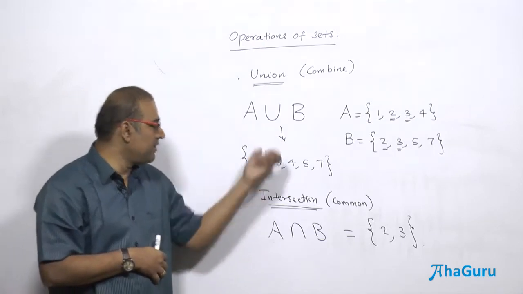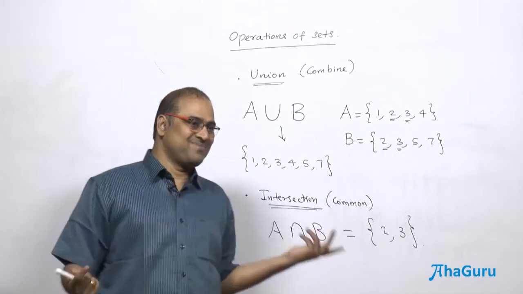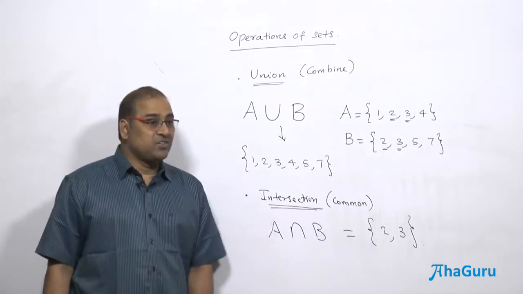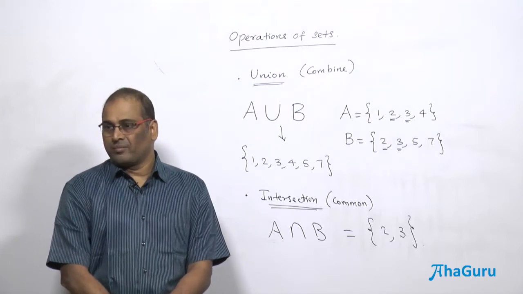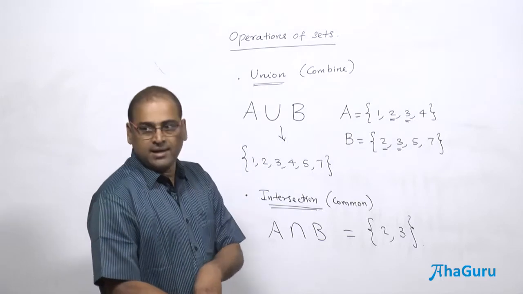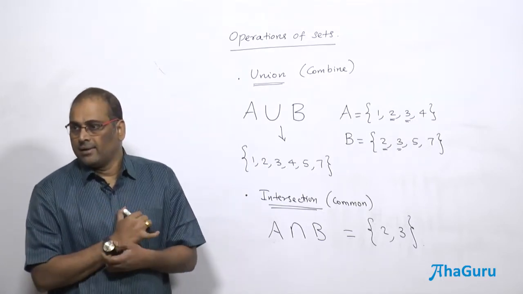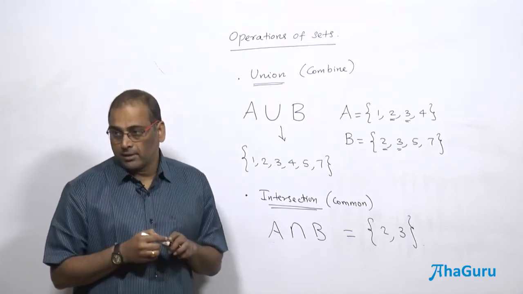That means A union B will also contain A intersection B because they are combining everything. The common fellow also will come. But when you take A intersection B, only the common fellow, and you will say set of people who like both chess and tennis. So this and or are extremely important.